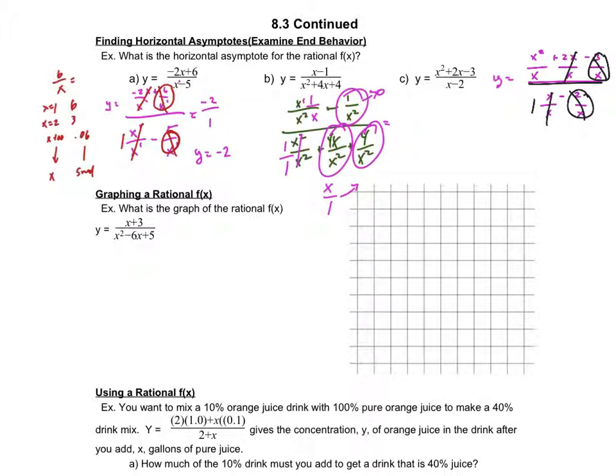That simplifies down to a 2, and this expression simplifies to a 1 over x to the first. So y equals x plus 2 over 1, as x becomes an infinitely large number, then this whole thing goes towards infinity. So since it's going towards infinity, there is no asymptote. We have no horizontal asymptote.